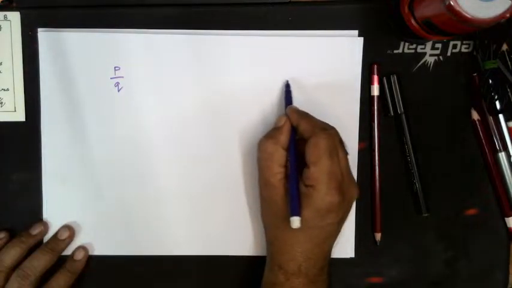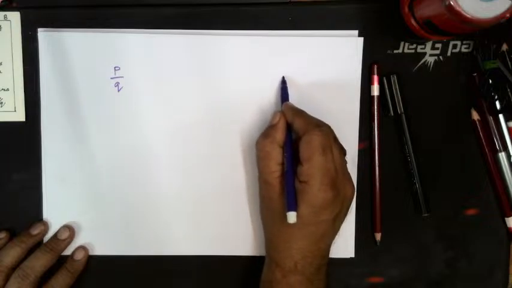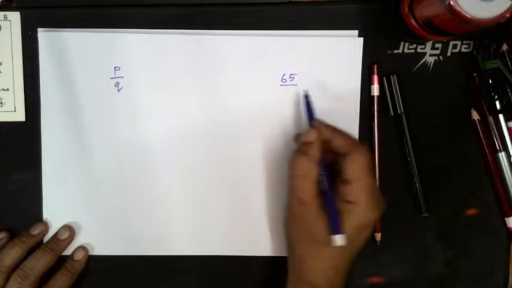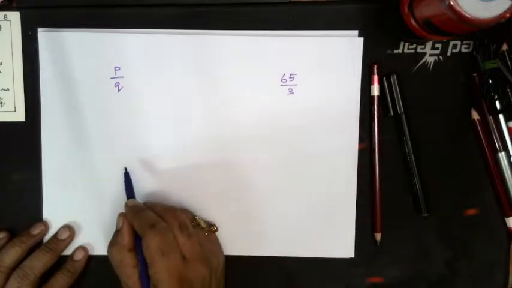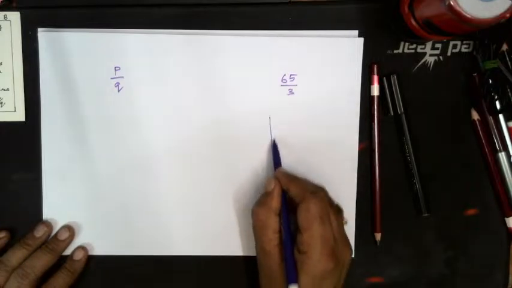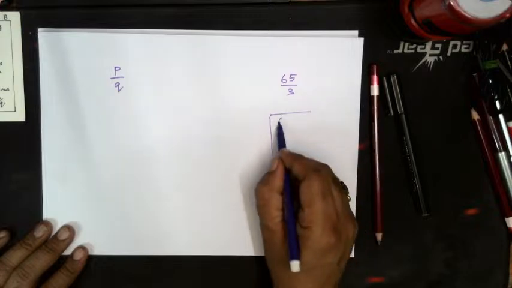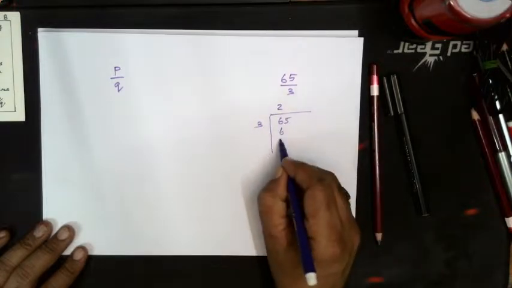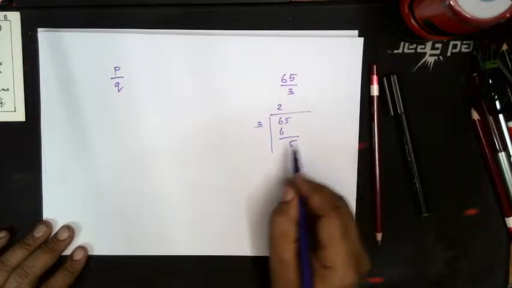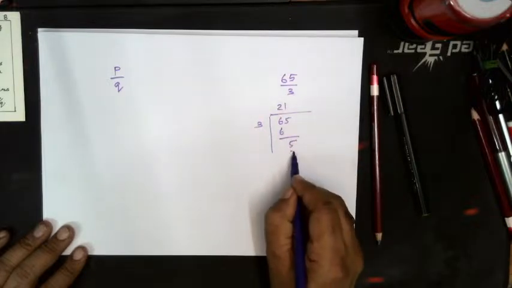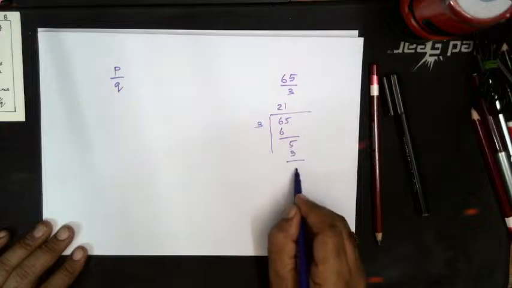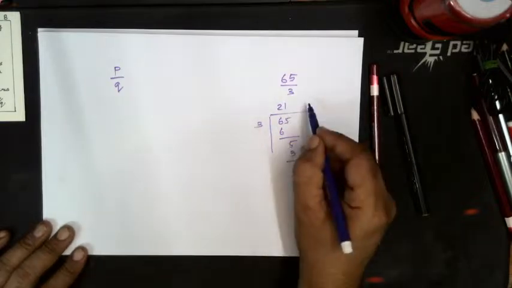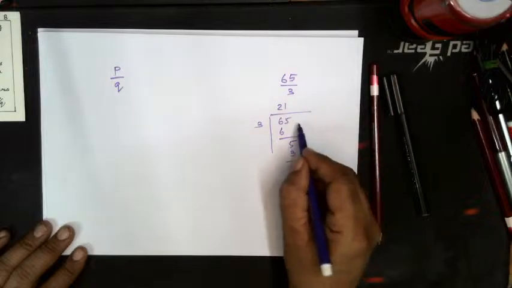Let us take 65 divided by 3. When 65 is divided by 3, we get 3 twos are 6, and 5 minus 3, the balance is 2. Is it not?